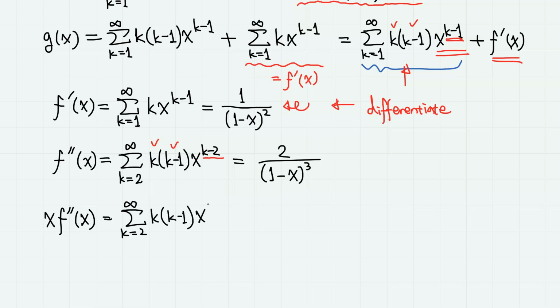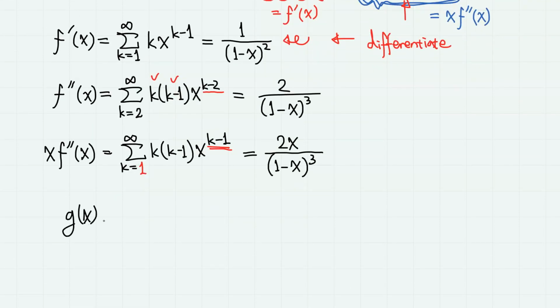Then this becomes x to the power of k minus 1. And we have 2x over (1 minus x)^3. And the summation can start from 1 or 2, it doesn't matter. But let's write 1 because we have k equals 1 here. So notice that this part equals x times f double prime x.